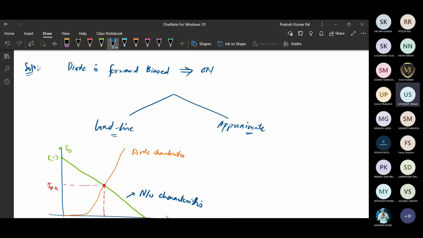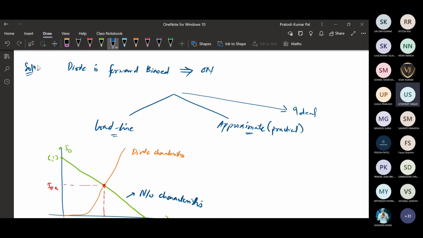So one method is the load line method, otherwise approximate. The next method is the case where the diode is considered ideal. The approximate method is nothing but the practical method, where the diode is considered a practical diode, and the next method is the ideal method. In that, we consider the diode to be working in ideal mode.